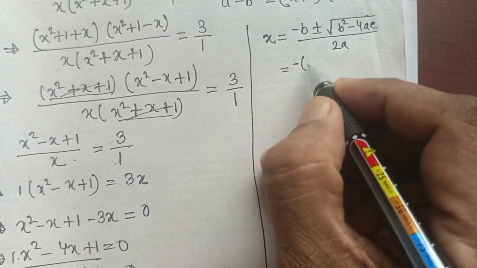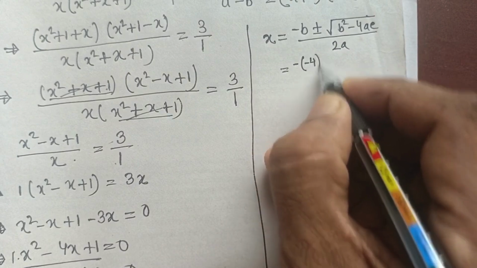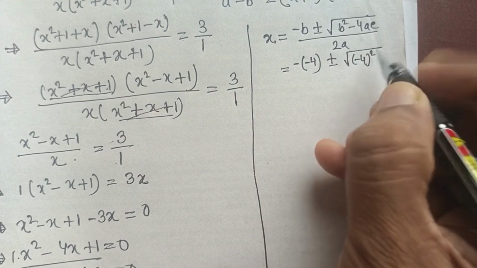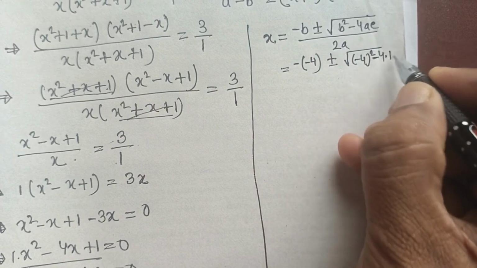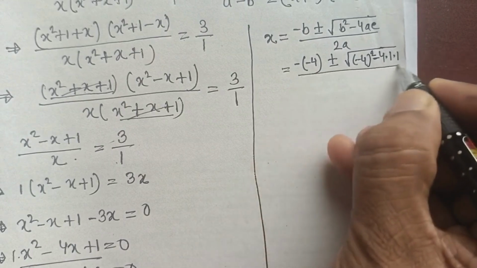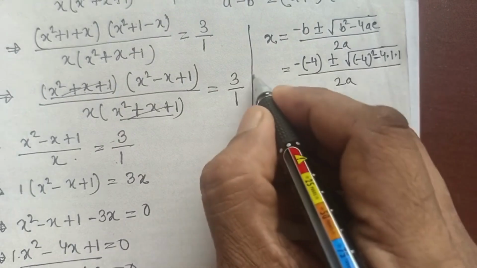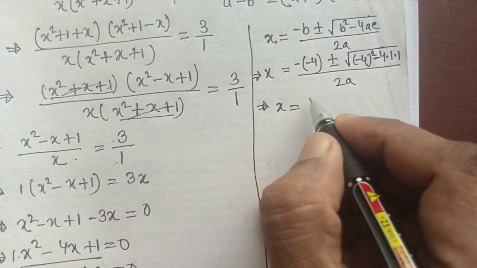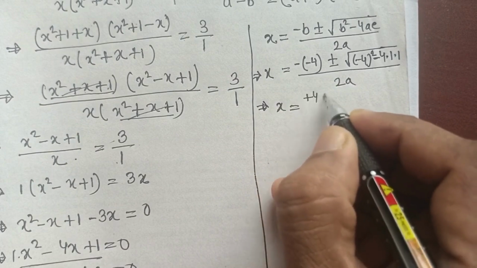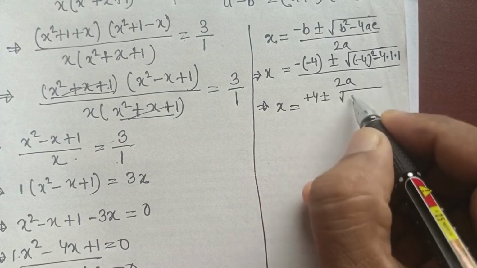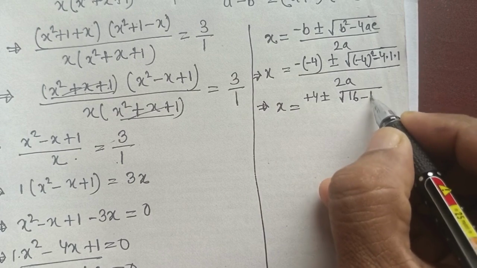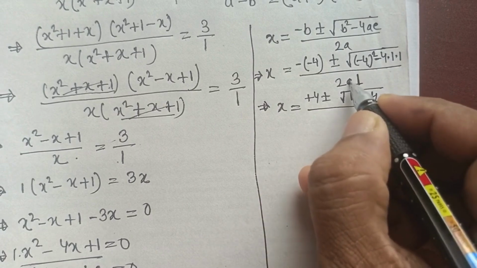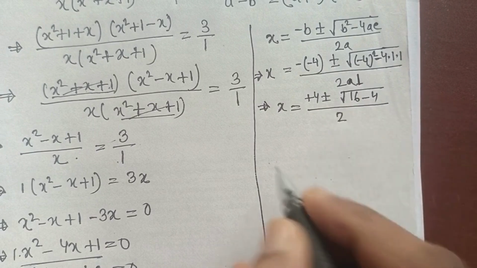Now we are going to put the values: x = (-(-4) plus minus root of ((-4)^2 - 4 into 1 into 1))/(2 into 1).